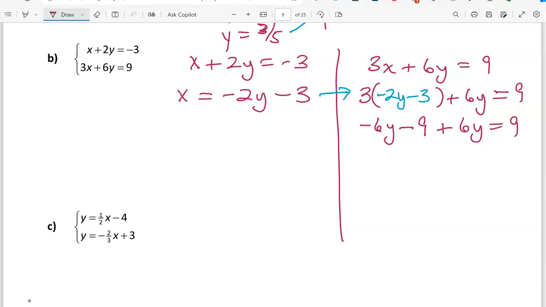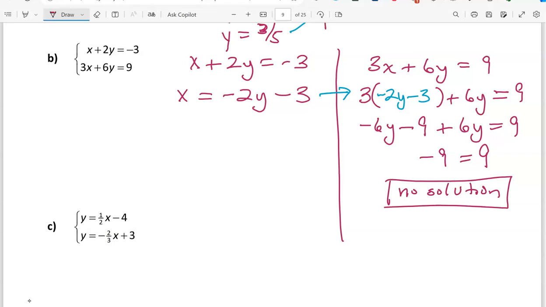Simplifying the left side of the equation, that gives us negative 9 equals 9 on the right side. That's never true, which means that there is no solution to this system. If we wrote each of these equations in y equals mx plus b form, these two linear equations would have the same slope and different y-intercepts, which is going to make them parallel.